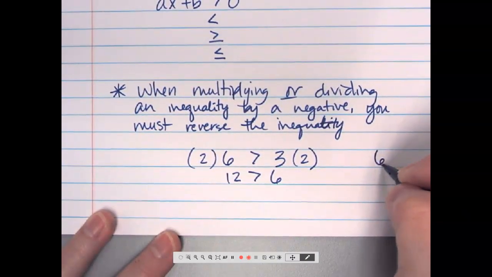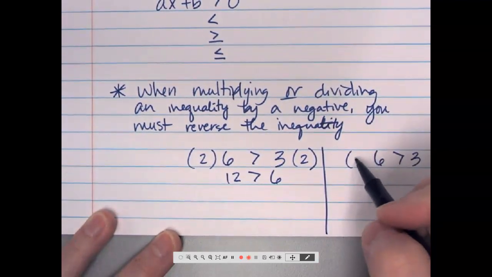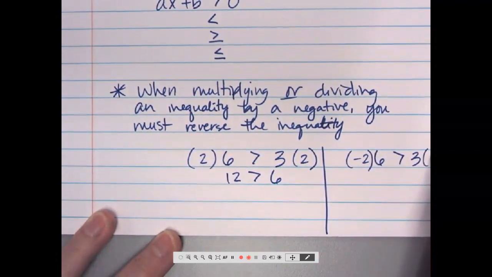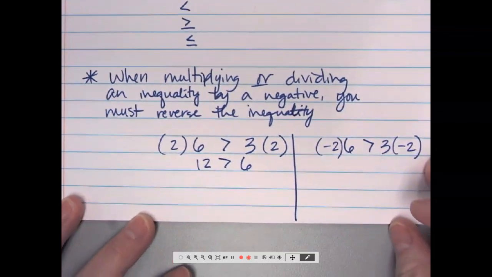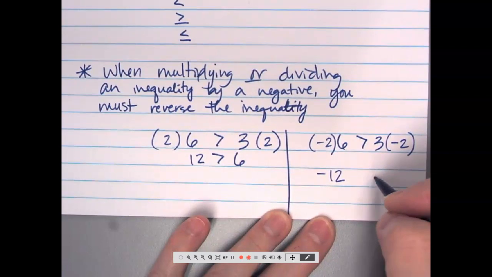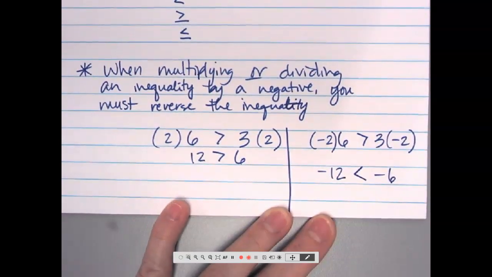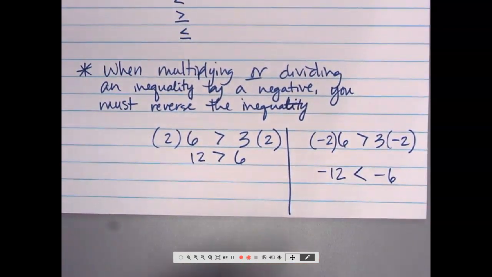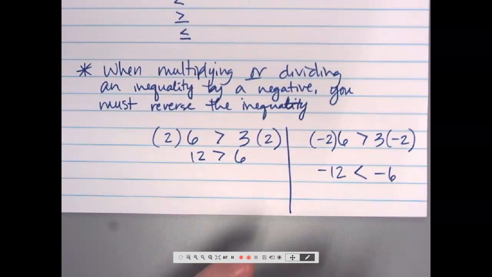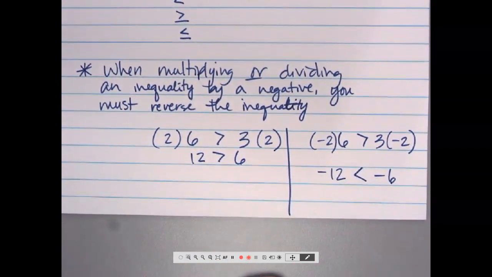But if I take that 6 is greater than 3, and I multiply both sides by a negative 2, I get negative 12, and I get negative 6, and negative 12 is not bigger than negative 6. Negative 12 is less than negative 6. So multiplying or dividing by a negative totally changes the statement, and we must reverse the inequalities.